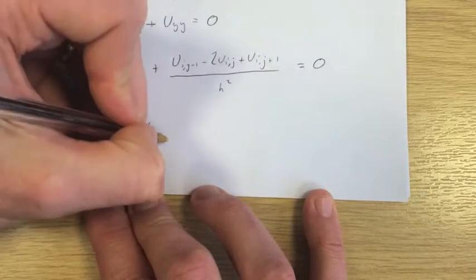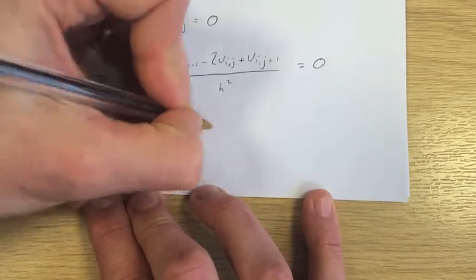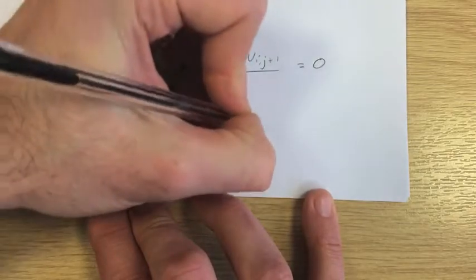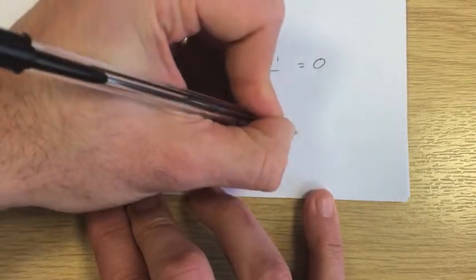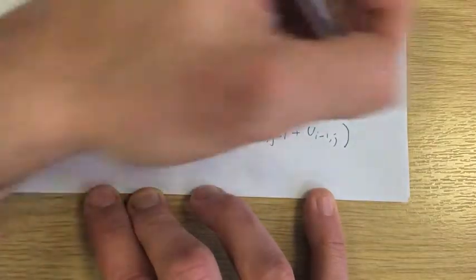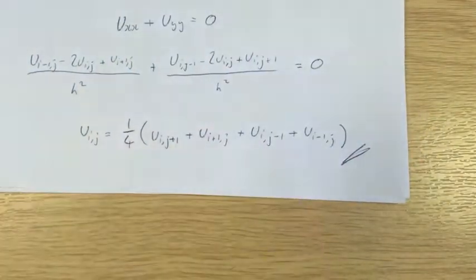So the one to the north, plus the one to the east, plus the one to the south, plus the one to the west. And that's your finite difference scheme for solving Laplace's equation.